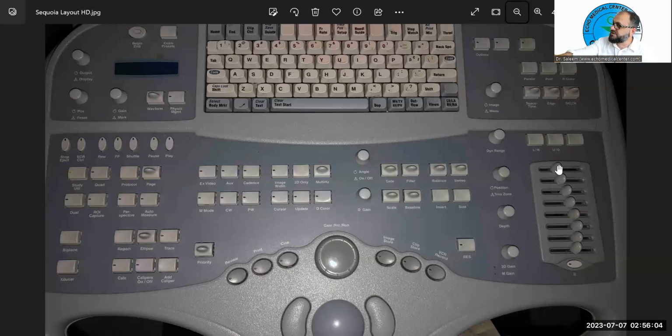But the TGC will give you a different effect: if you want a specific area to be darker or brighter, TGC works in that specific area. Now, that is the difference between both of them. And make sure that your TGC button is on. Sometimes it's off, then TGCs are not working.